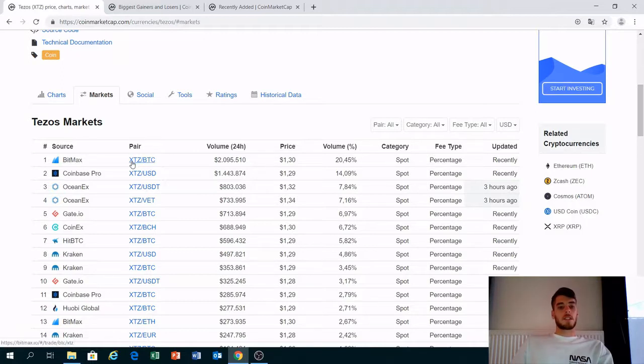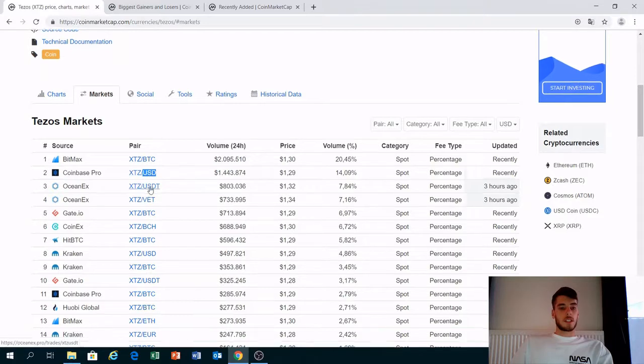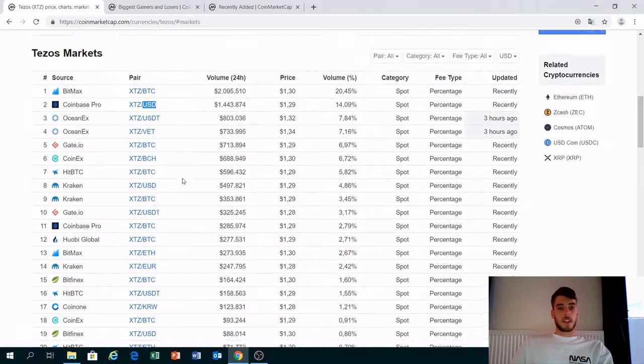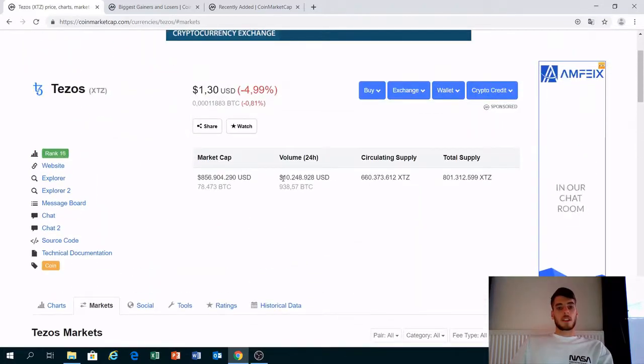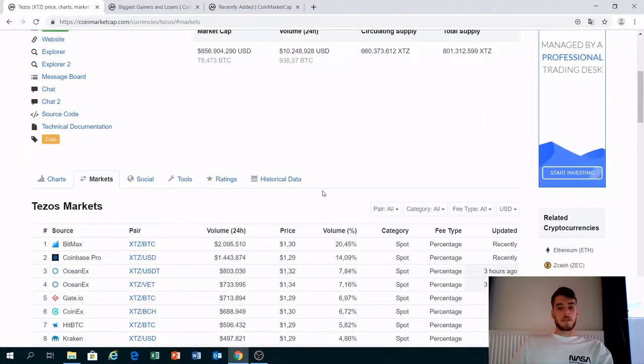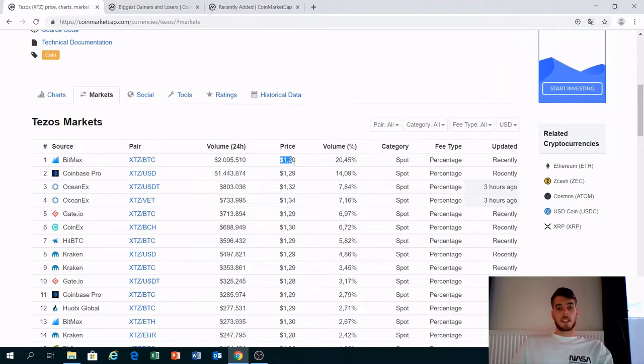Also on BitMax you can trade the coin for Bitcoin. On Coinbase Pro you can trade the coin for US dollars, and so on and so on. Here you can see the volume. This added up comes of course to this number, and the price it's been sold at.